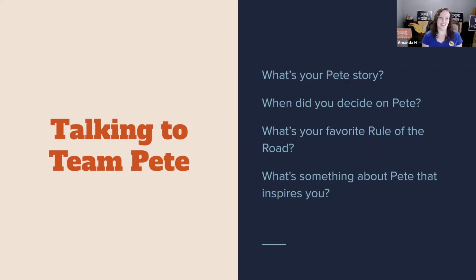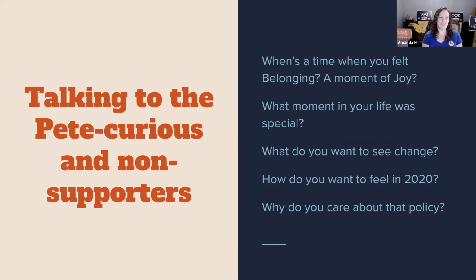Because the big thing is going to be talking to the Pete curious and the non-Pete supporters. They're going to be a little bit harder to talk to. And so with these guys, we have some other questions, but they're going to be the same idea. We're going to spin it back around to our values and how these things affect our daily life as well, and ways that you see them reflected within the campaign.